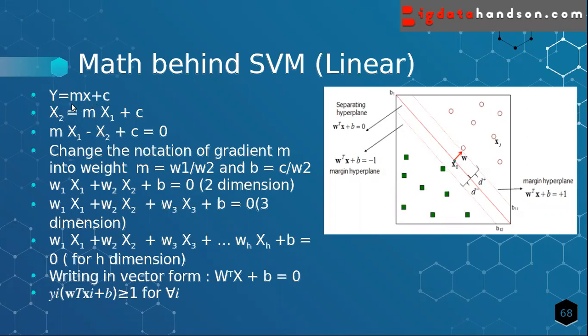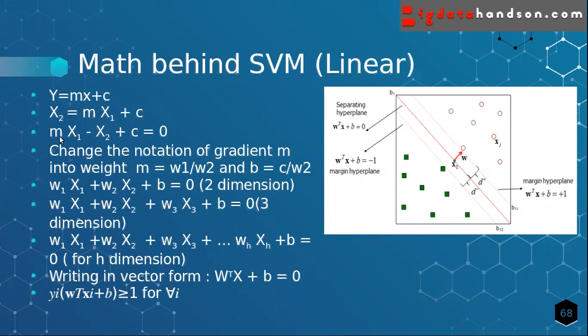Here y = mx + c is converted into two features, x1 and x2. Now y becomes x2, so x2 = mx1 + c. Taking everything to one side, we get mx1 - x2 + c = 0.